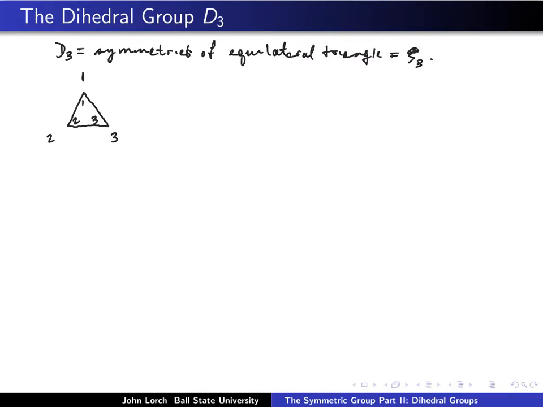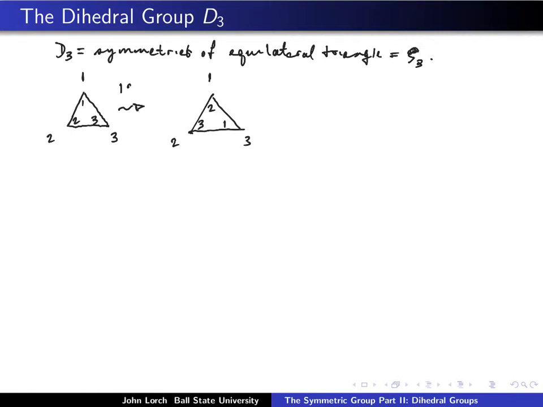And then what we might do is take that triangle, pick it up, and do something with it, like rotate it or flip it. For instance, suppose we decide to rotate it clockwise by 120 degrees and put it down again. Well, the positions are fixed, but the labels on the triangle have now moved, right? The 1 is there, the 3 is there, and the 2 is there.